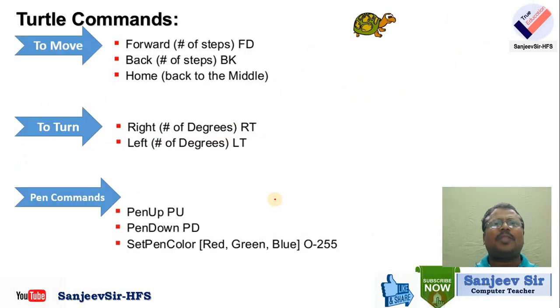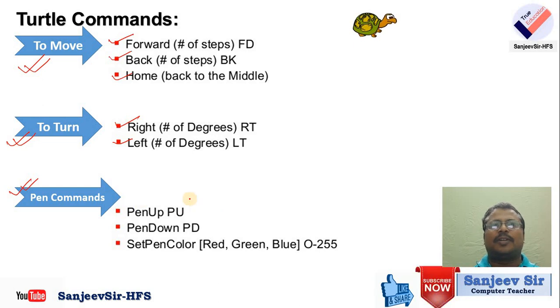Now we understand turtle commands that are related to action, that is move, turn, and pen commands. That means movement commands, that means forward, backward, and home. And right turn, left turn, two turning commands, and pen related commands we will discuss later.